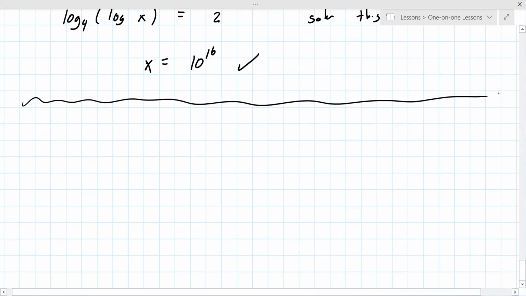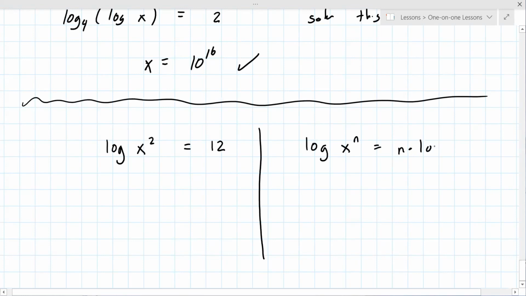Okay, so now a new kind of problem. I want to actually solve something before we go back to the next example. Let's say it's log of x squared equals 12. There's a property that says if you have log of x to the n, this equals n times log x. So the n comes out front. The exponent becomes a multiplier.